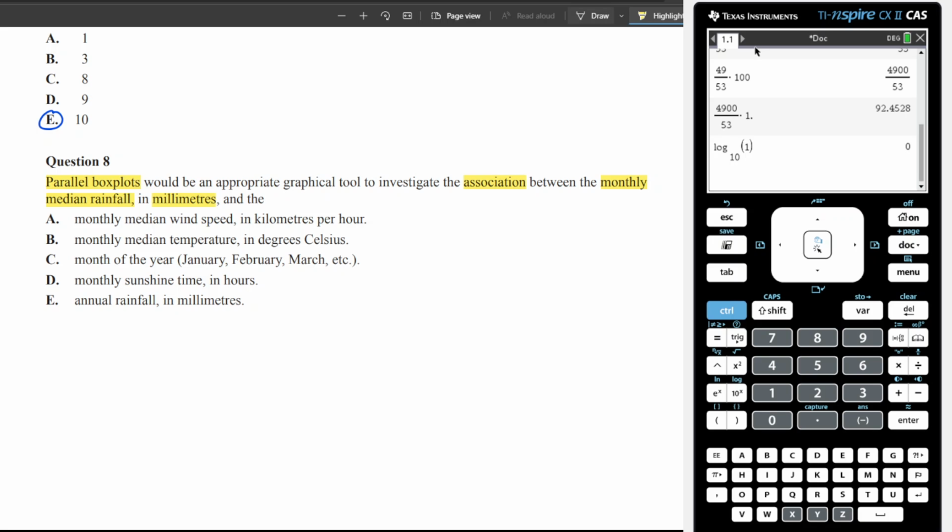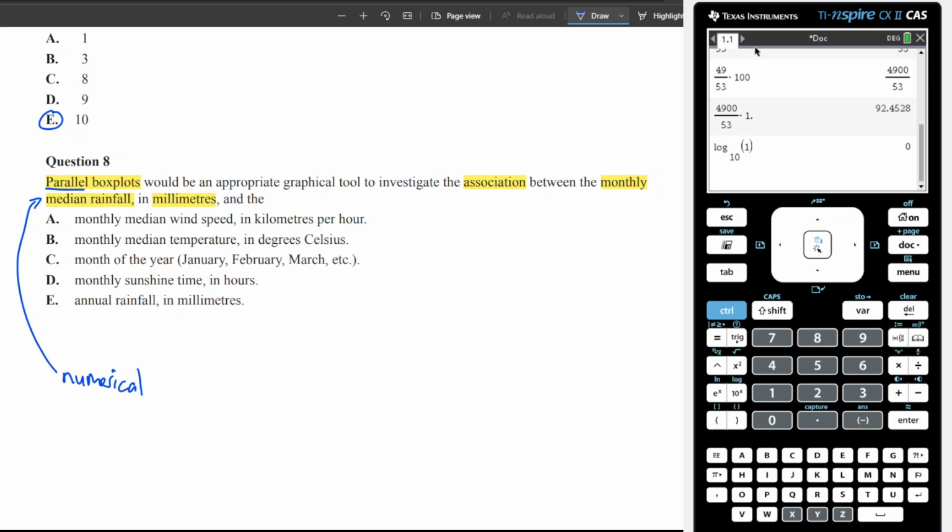So if we look at what monthly median rainfall in milliliters is, that is going to be numerical data. Now, if you remember about parallel box plots, they are comparing numerical data and they should be comparing one numerical variable with one categorical variable.